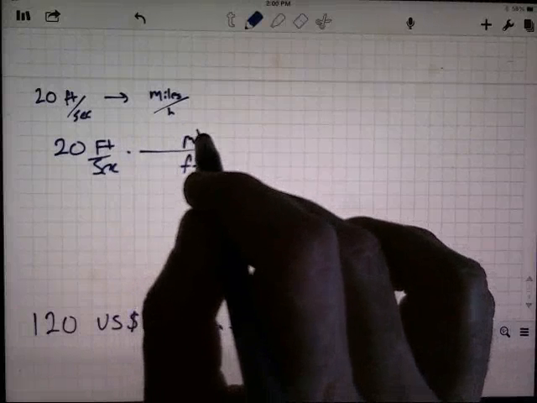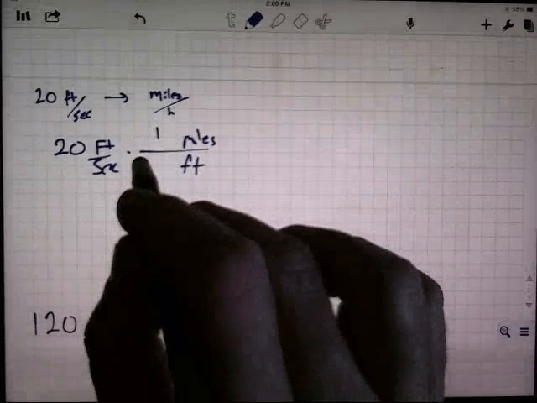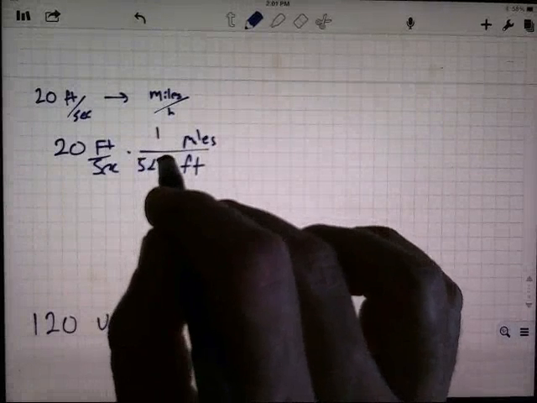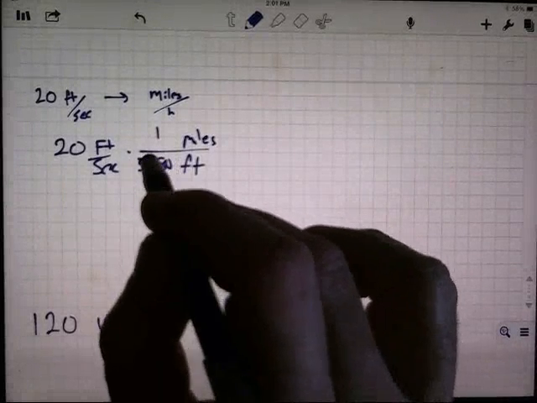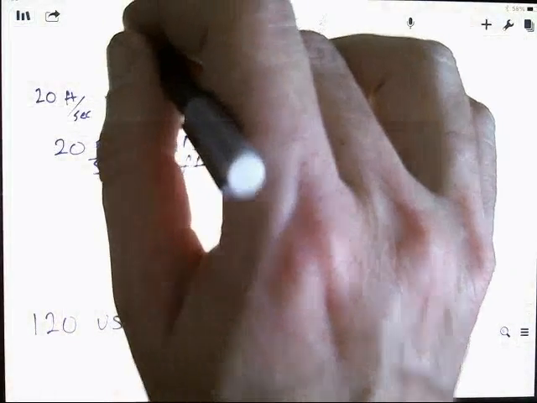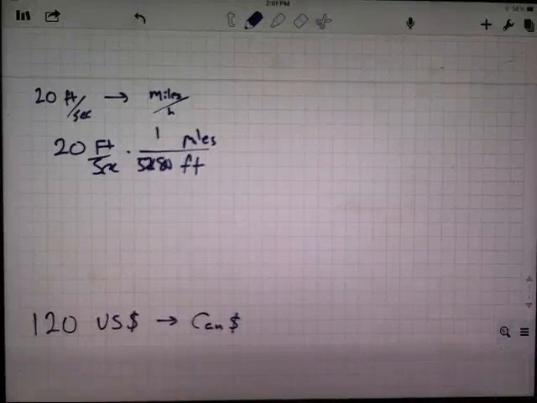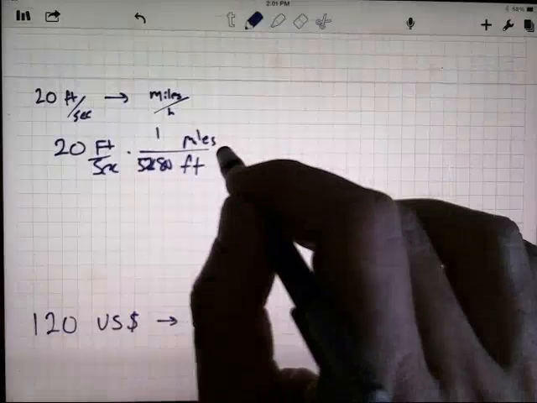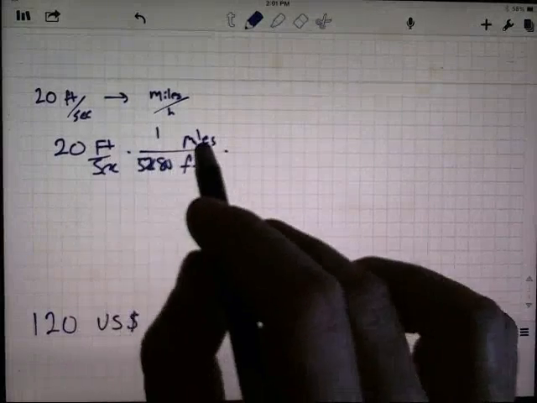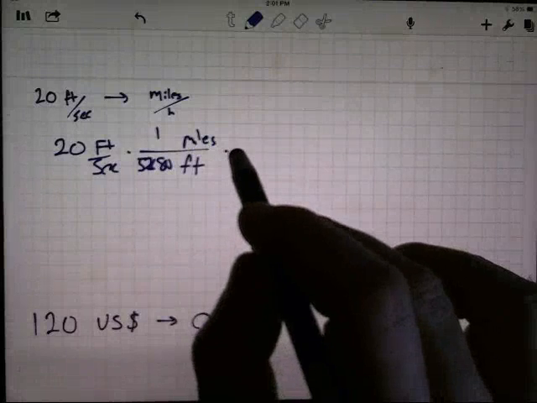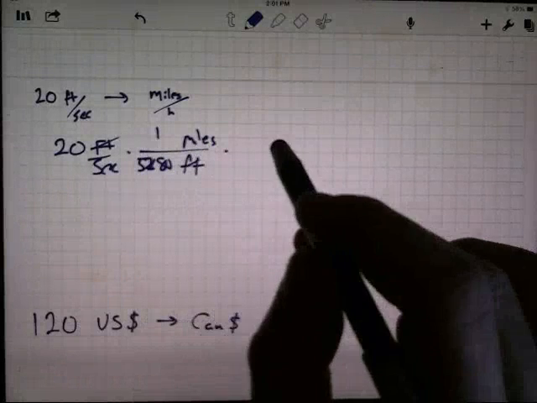I want miles on the top. I know that 1 mile is the same as 5,280 feet. And I really ask you, why would we ever switch to metric when we got such beautiful numbers like 5,280? I mean, really, come on. So the feet are going to cancel out. I've got miles per second at the moment.